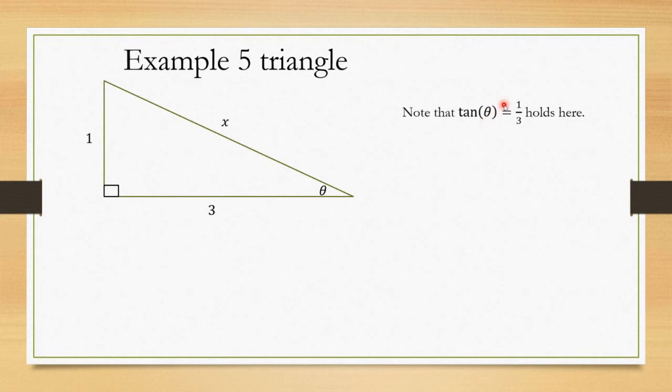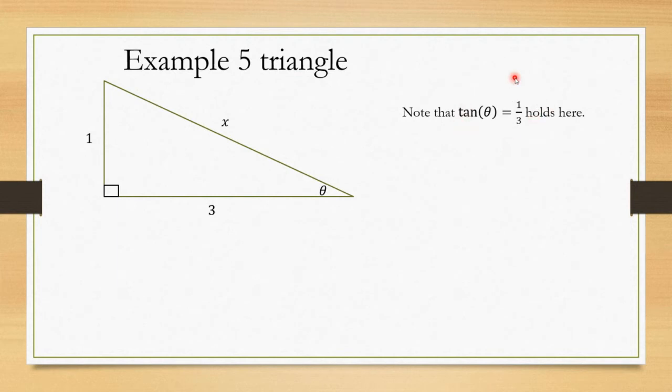So I'm going to make the opposite side 1 and the adjacent side 3. So in this triangle, tangent of this angle is 1 over 3, opposite over adjacent. So we have a right triangle where this is true.